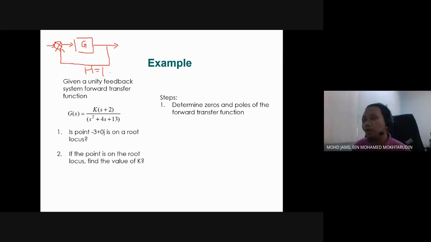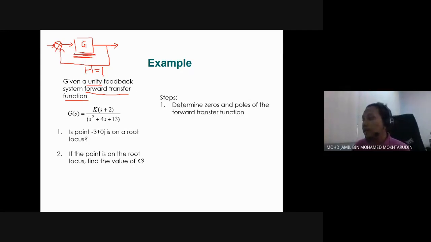So when H equals 1, you just draw a feedback line without drawing the box. Here G is the forward transfer function. So another name for G is the forward transfer function. Unity feedback is when H equals 1, and the forward transfer function for unity feedback is G here.